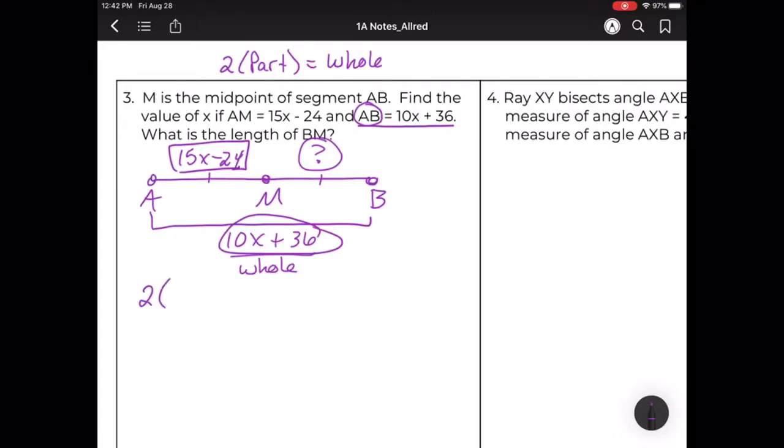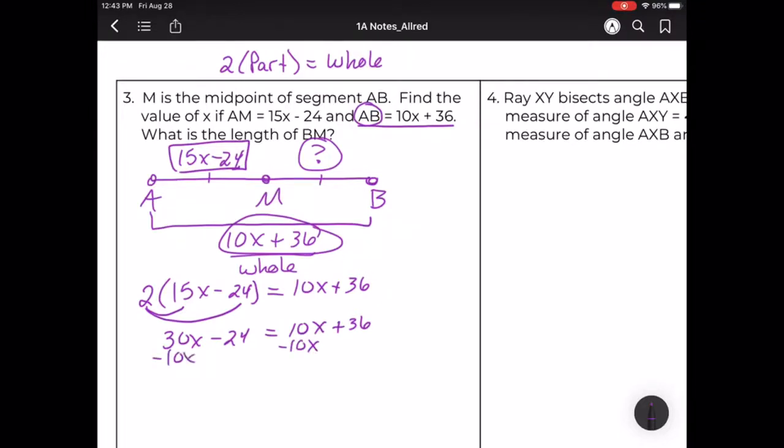So if I do 2 times part equals whole, that becomes 2 times 15x minus 24 equals the whole amount, 10x plus 36. Okay? So if I start to solve this, the first thing you have to do is distribute this 2 to each of those, giving us 30x minus 24 equals 10x plus 36.